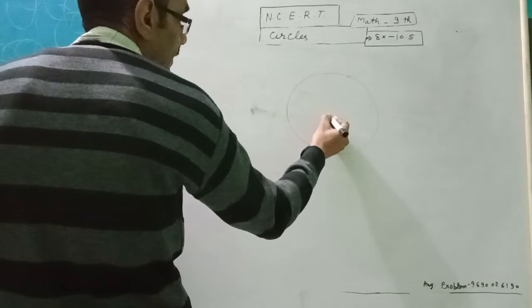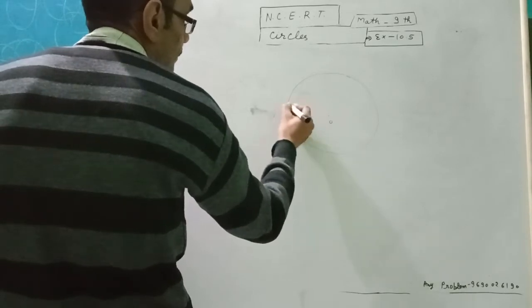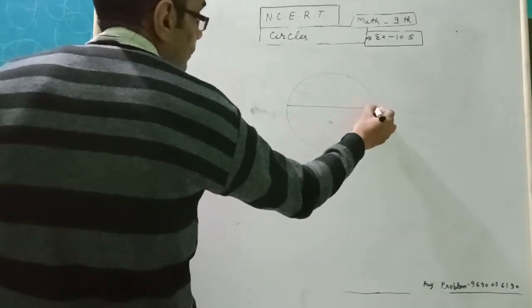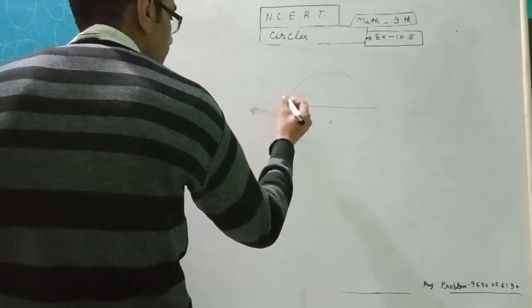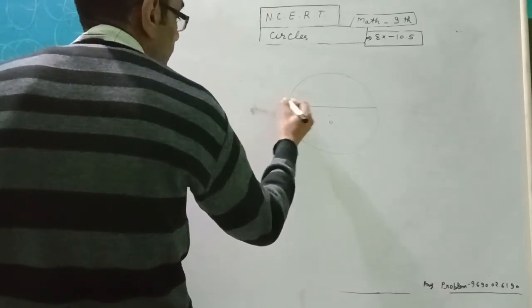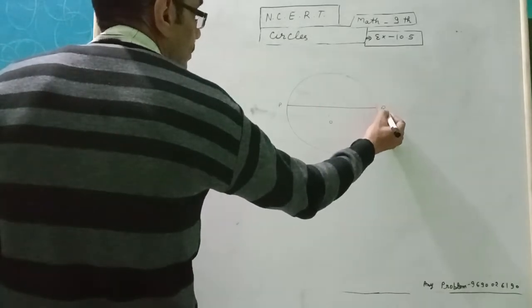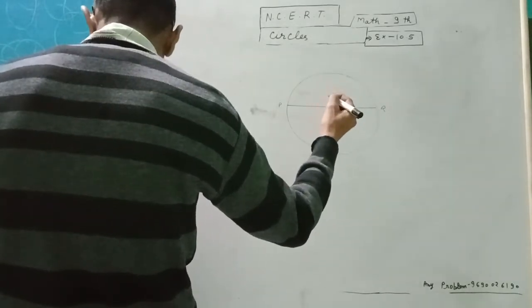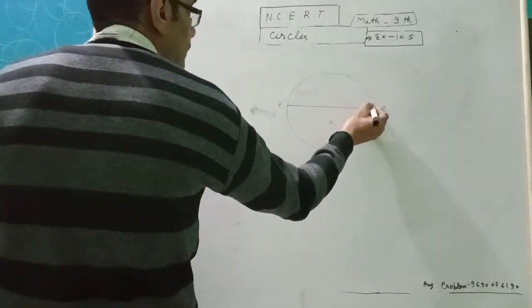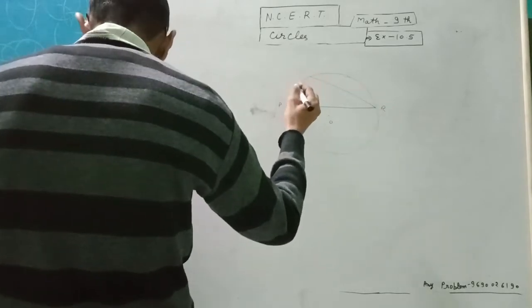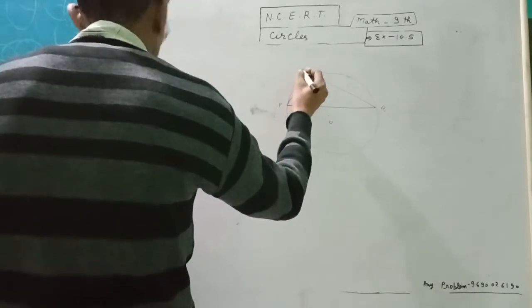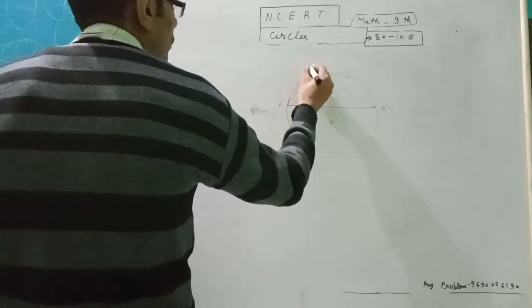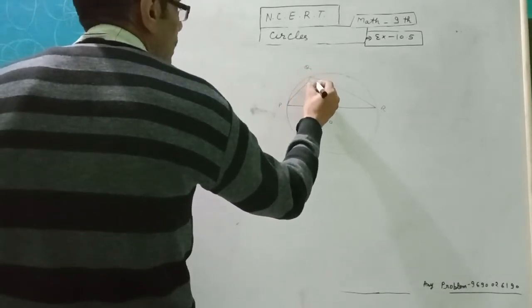O is the center, PQ and PR are chords, angle Q is equal to 100 degrees.